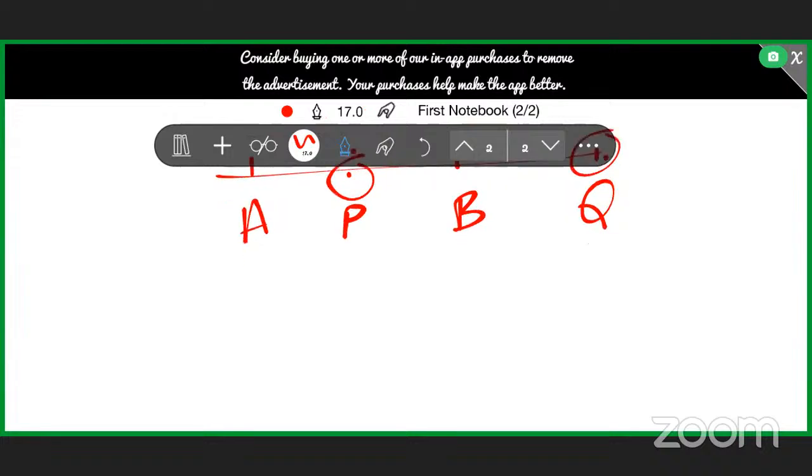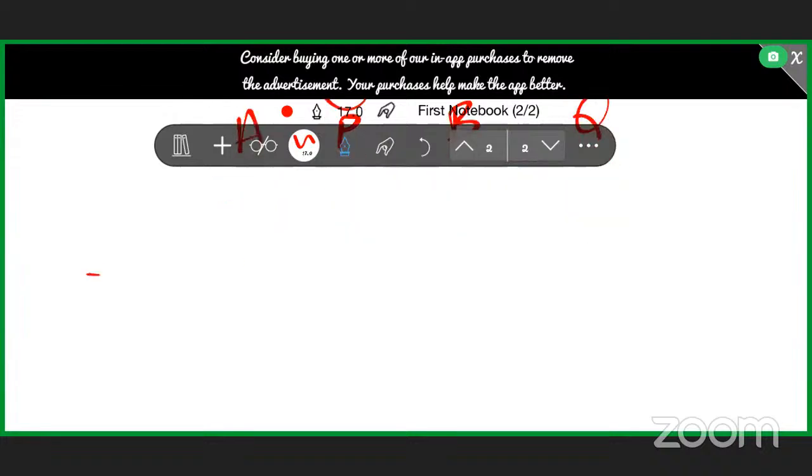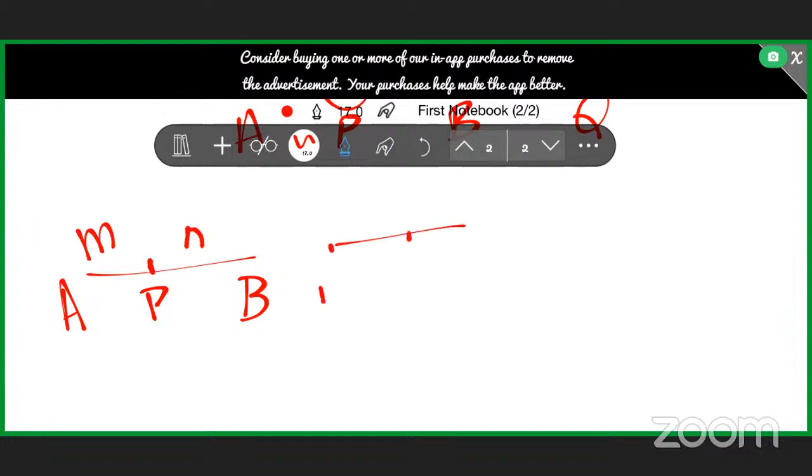Till now, what we have learnt is that if AB is a line segment, the line can be divided either externally or internally in the ratio m is to n.